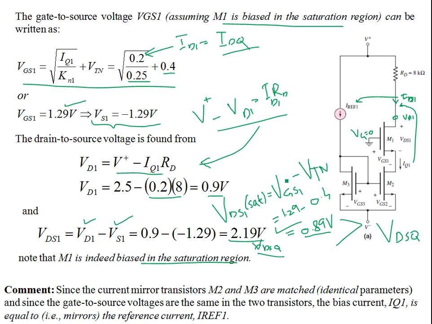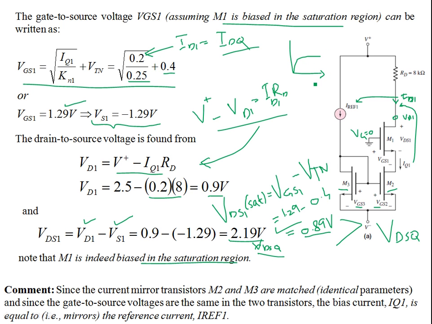So yes, you can use the IV relationships in the saturation region to find a mirror current. The idea is that the M1, M2, and M3 transistors have the same conduction parameters, and the gate-source voltages are the same. So of course they are going to produce the same current. Both transistors are in saturation, and in saturation the drain current is independent of VDS.